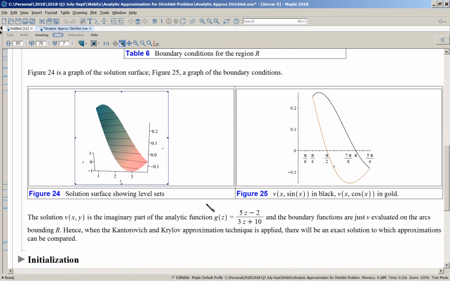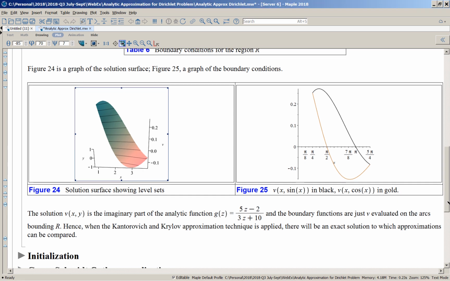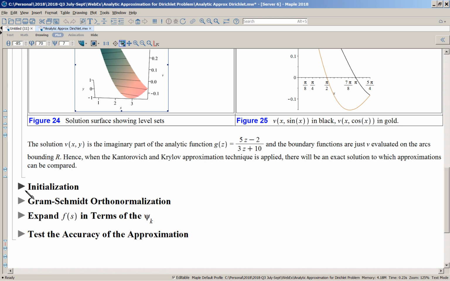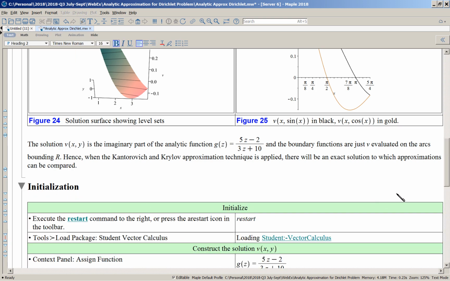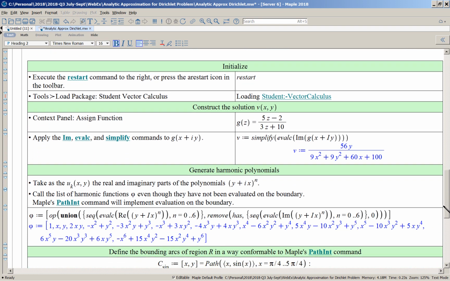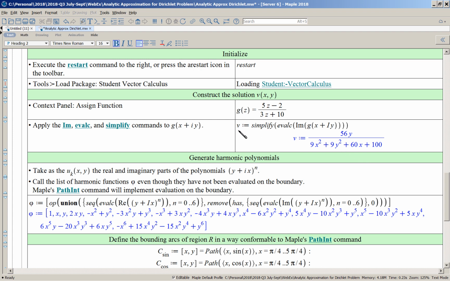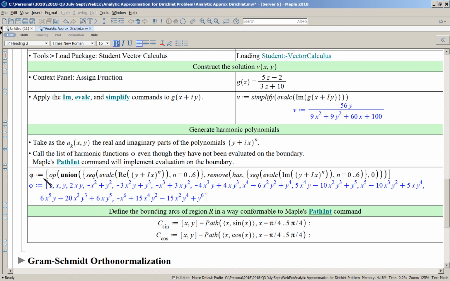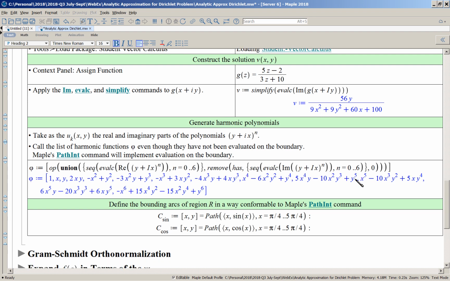Again, I've used the same v that I've used 3 times already. To begin then, we do a restart. We recreate the exact solution v. We generate a list of psi functions, and here again I've only gone out to 6.